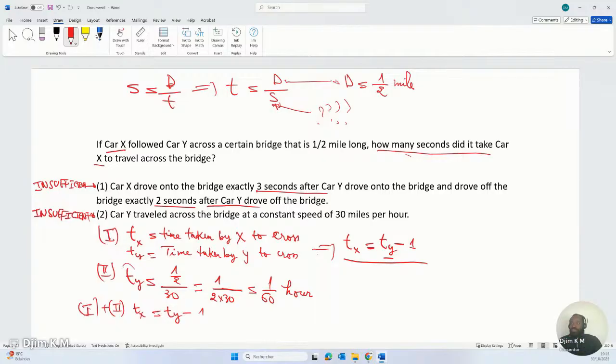And then we have the value of the time it took car Y, so the time it took X will be equal to 1/60 hour minus 1 second. So we can convert this into seconds, okay? And it's going to give us the correct value.